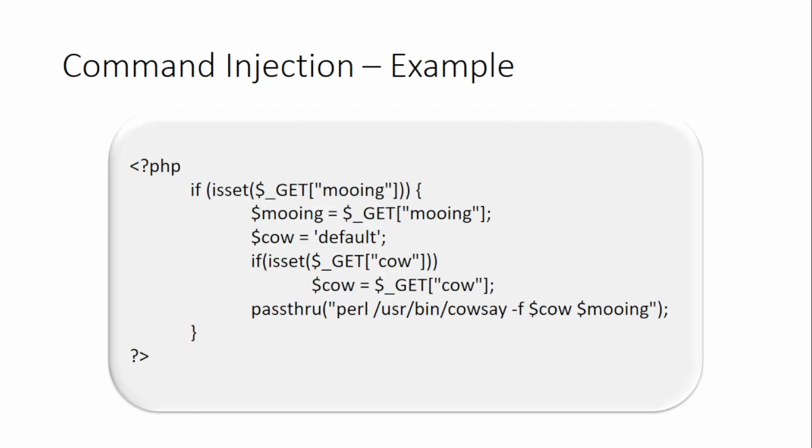Let's take this code snippet as an example. Here we first verify if the parameter moving is set, passed through a GET method. Once this is verified, the variable moving gets what was passed into the input field, and the variable cow stays with the default, but just after that it verifies if the parameter cow was set, and if it was, the variables get updated.